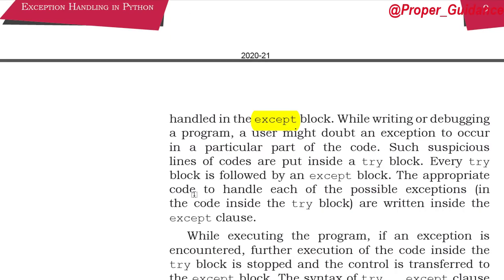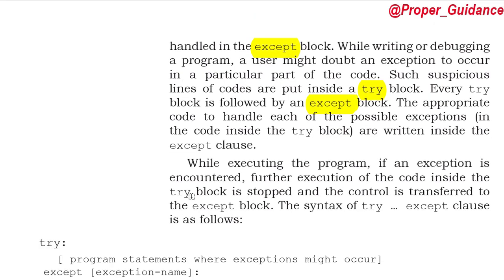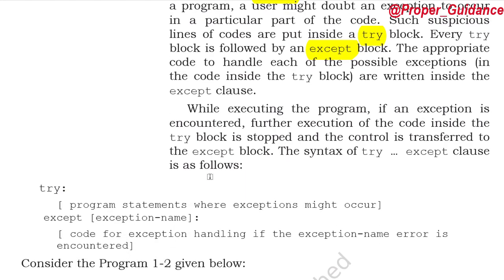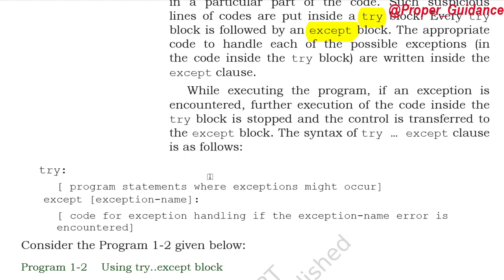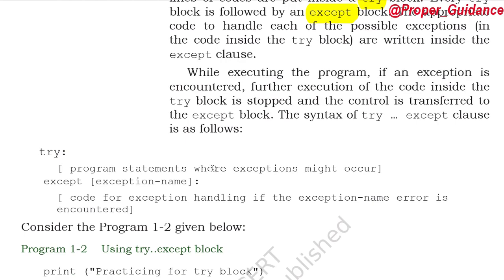Such suspicious lines of code are put inside a try block. Every try block is followed by an except block. The appropriate code to handle each of the possible exceptions in the try block is written inside the except clause. While executing the program, if an exception is encountered, further execution of the code inside the try block is stopped and control is transferred to the except block.